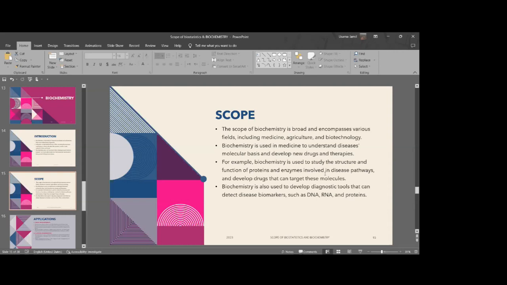We need to know the cell structure, the cell membrane components, whatever proteins and receptors are in it, to develop a drug. Similarly, in medicine, speaking of blood tests, serology, CBC, or LFTs or RFTs, there is a major role of biochemistry as well.